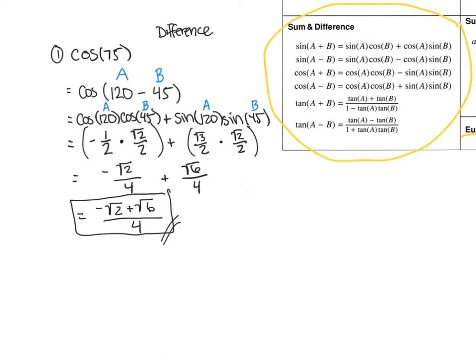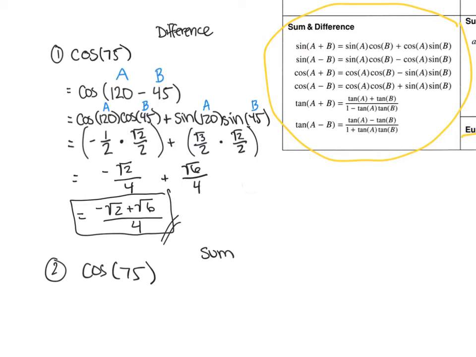So let's try this once more. What if I ask you the exact same question, to find the exact value of cosine of 75, but instead of using our difference identity, we use our sum identity, the identity where we are adding. So I need to find two angles on my unit circle that add up to 75 degrees.